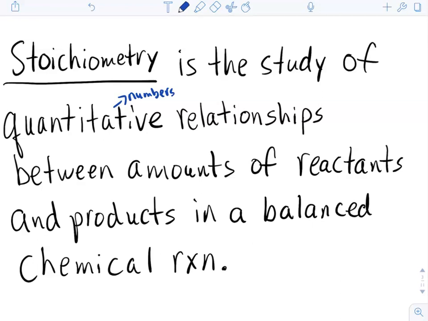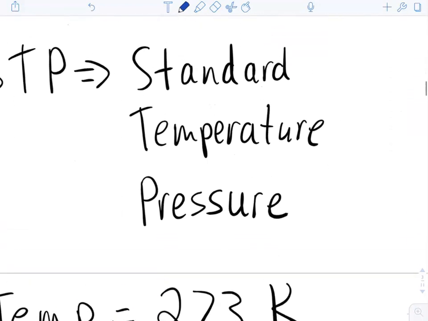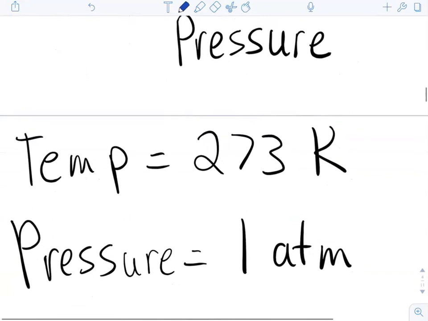And then the next thing that we need to talk about is something called STP, which is your standard temperature and pressure. So in our chemistry world, these are going to be our standard. Anytime we're talking about temperature, it's going to be 273 K, which is Kelvin.